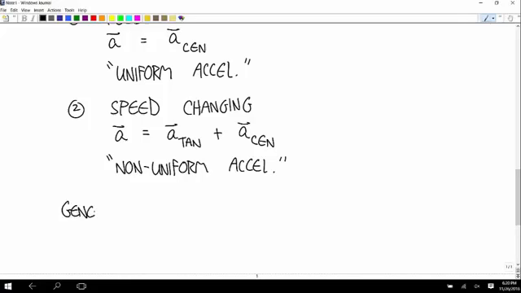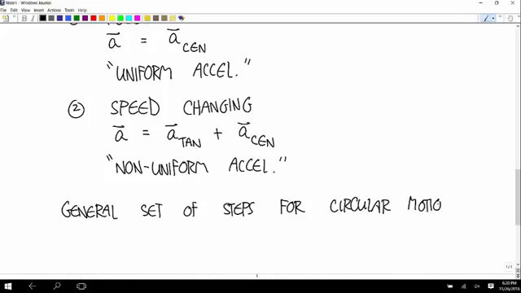So here's a general set of steps for circular motion problems, except what I'm going to call tetherball type problems. We'll get to those after.